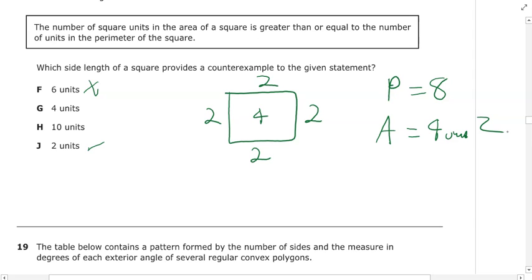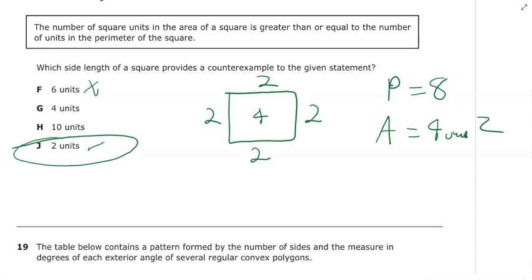And the statement says the number of square units for the area of 4 is greater than or equal to the units for the perimeter, which is 8. Is 4 greater than or equal to 8? No. So this does provide a counter example, because this one proves that that original statement is false. The area isn't always greater than or equal to the perimeter.